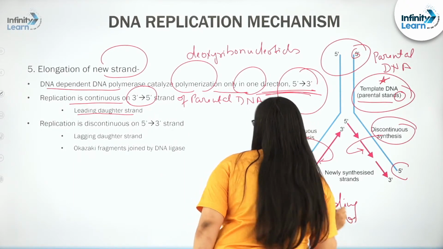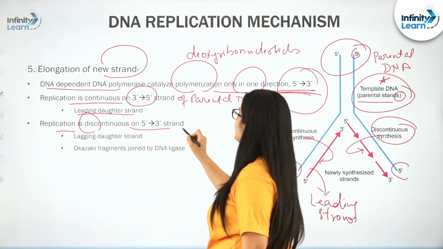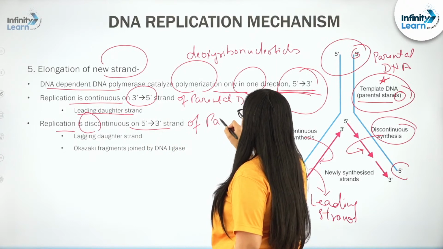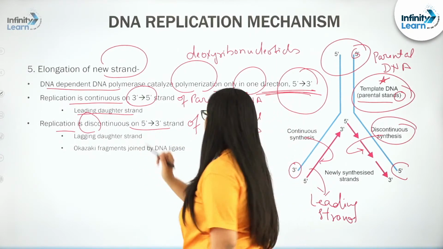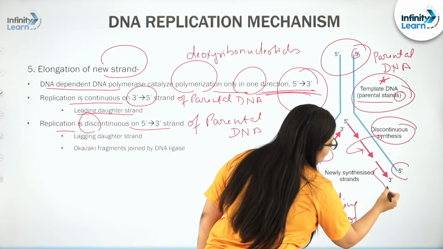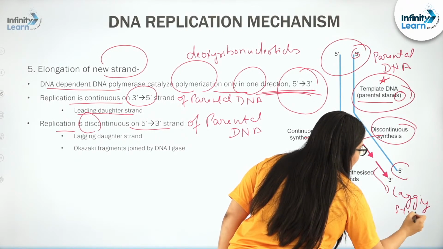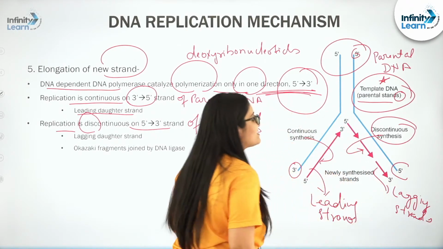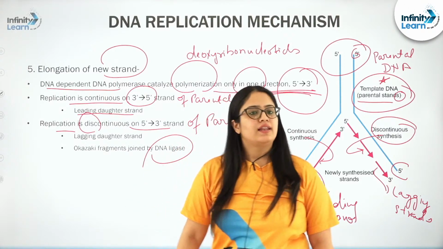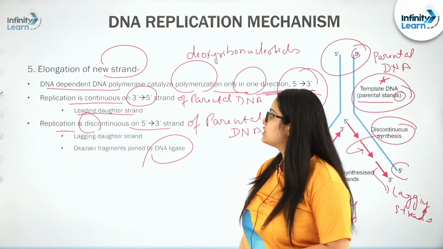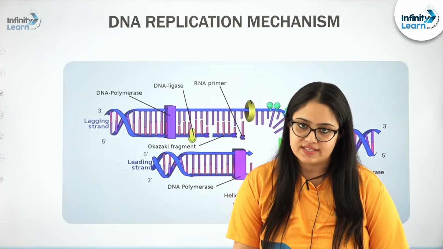And replication is discontinuous on the 5' to 3' strand of parental DNA, and the strand formed will be known as the lagging strand, and the fragments will be known as Okazaki fragments that will be joined later with the help of DNA ligase. Right, students, this much is clear? Perfect. So, that's the whole thing that I wanted to explain in today's session, students.